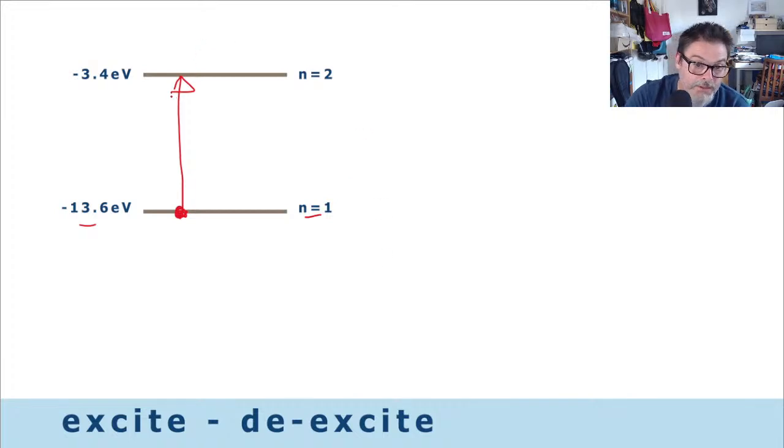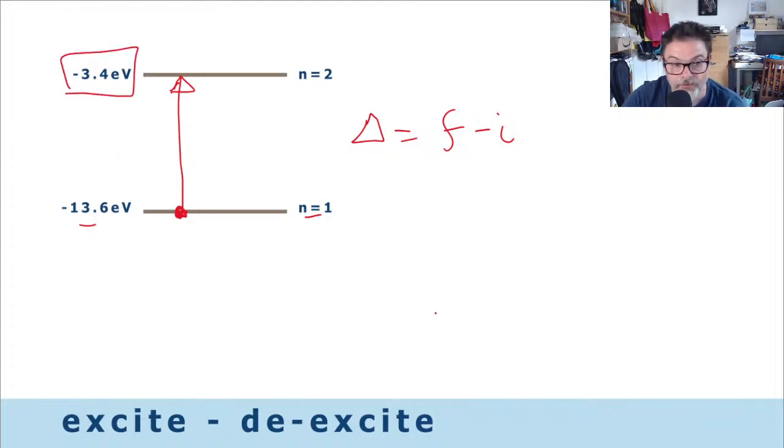Now the thing is how much energy is needed to do that, and it's time for me to bang on one of the drums that I like to bang on. Any change in physics, any delta, is always equal to the final value minus the initial value. So final value for our electron's energy is 3.4, only it isn't, it's minus 3.4 electron volts.